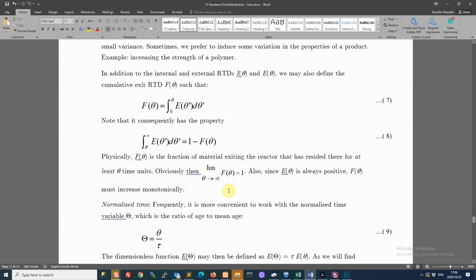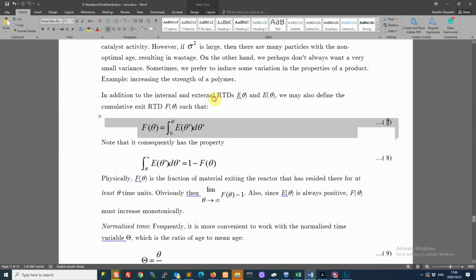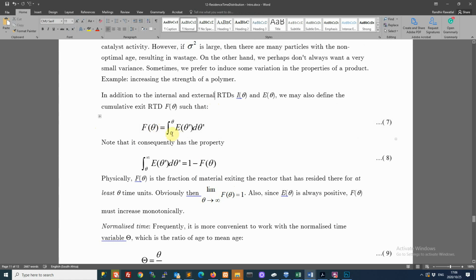the first thing we are going to do is introduce this new definition. F of theta is the integral from naught to theta of E of theta. So remember, E of theta is the exit age distribution.